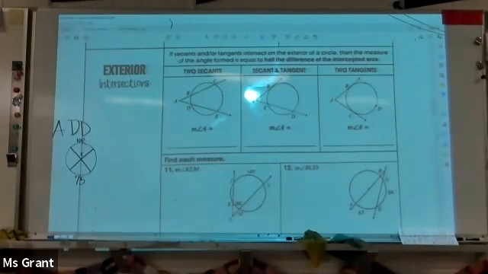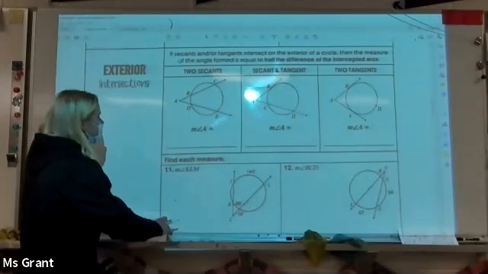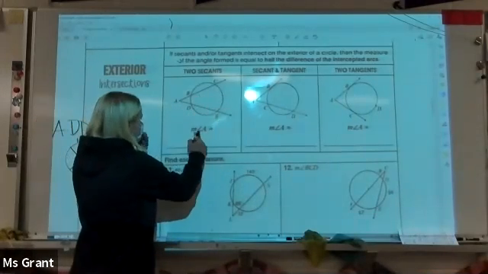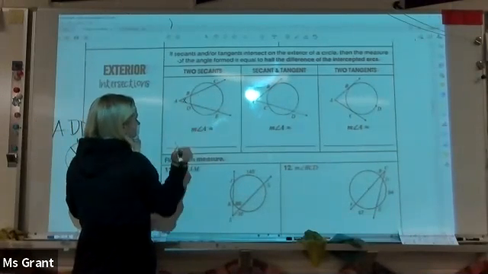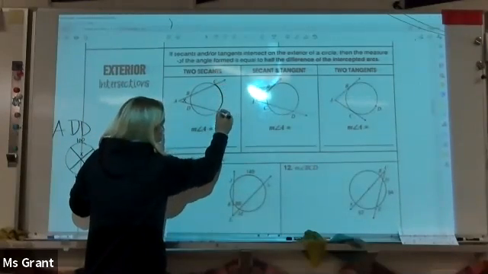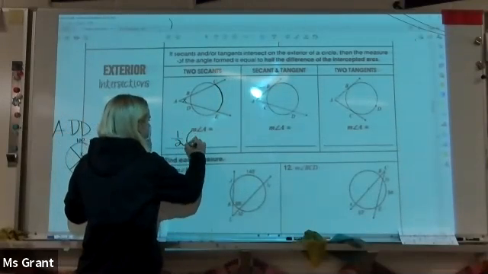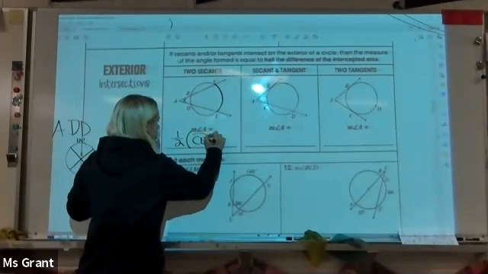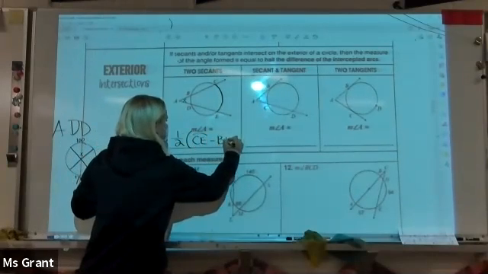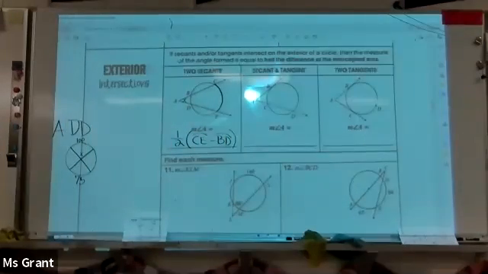The formula for the very first one is, if I want to know angle A, I subtract CE, so it's going to be cut in half, CE minus BD.